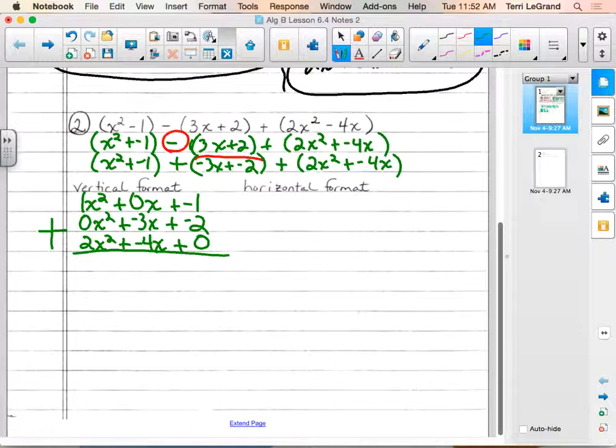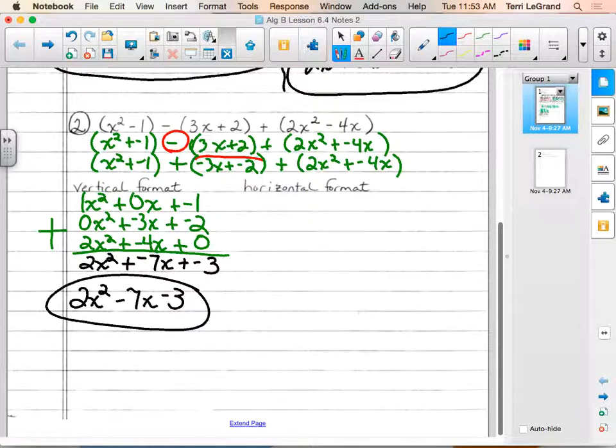Okay, go ahead and add that up, see what the sum of those 3 polynomials becomes. What should it be? 3.